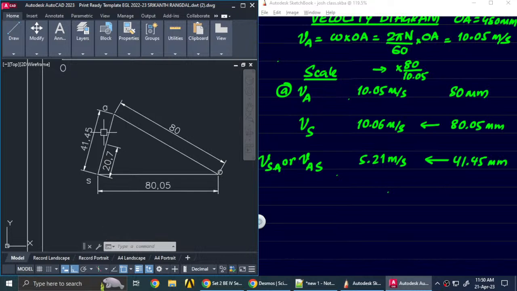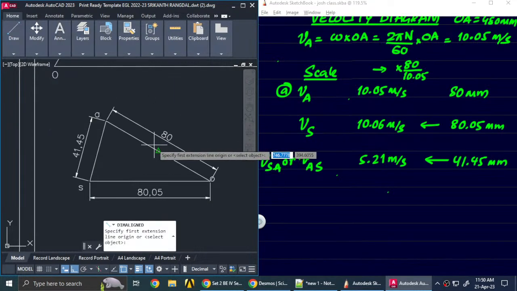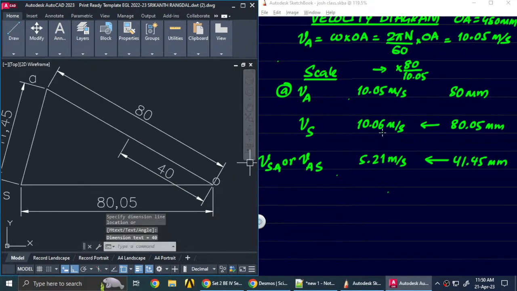Similarly, if you are asked to find the velocity in any ratio, we can take that particular ratio on this line, and that point will be moving with that particular velocity. Okay, you have to find the velocity of midpoint of OA. So OA means we have to take midpoint of OA. All right, so this is the length that we're getting, that is 40. So of course, obviously it's going to be half of this.